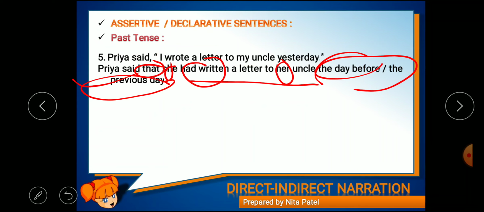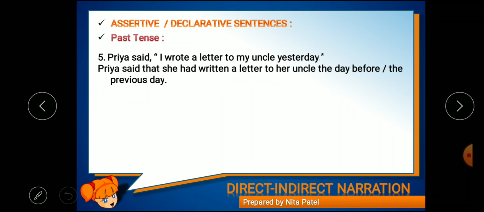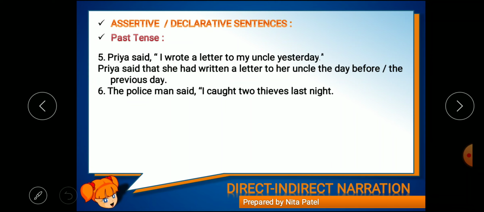You don't need to use the day before. So wherever past time indicating words are there, that is yesterday or last night or last week, use previous. That would be easier. You don't have to remember all other things, but you can use any of it. Any one of it is right. Okay, so next example. The policeman said, I caught 2 thieves last night. Again, said, there is no object, so we will not change the verb. Remove commas.